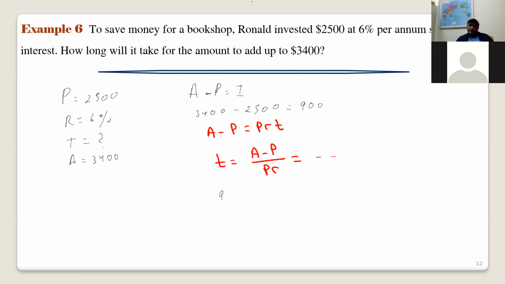Because I equals PRT, and we need to find T, we know P, we know R, we know A. Six years.